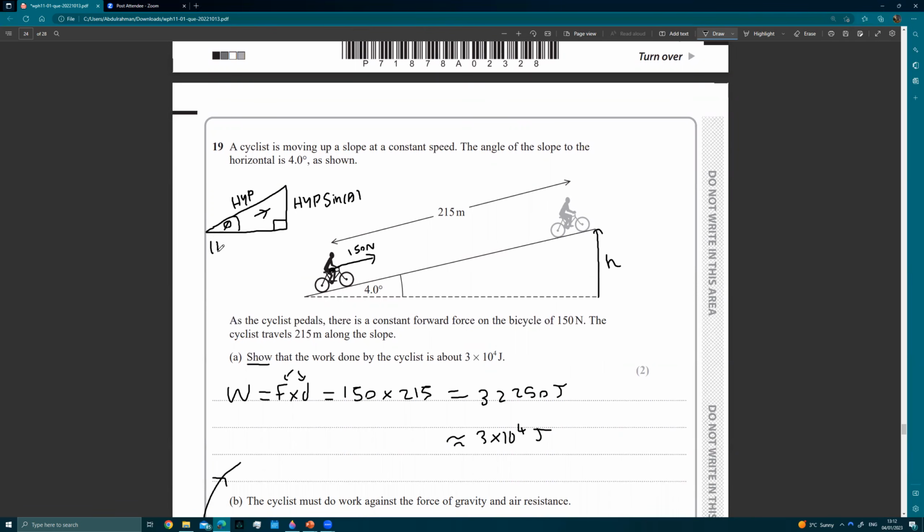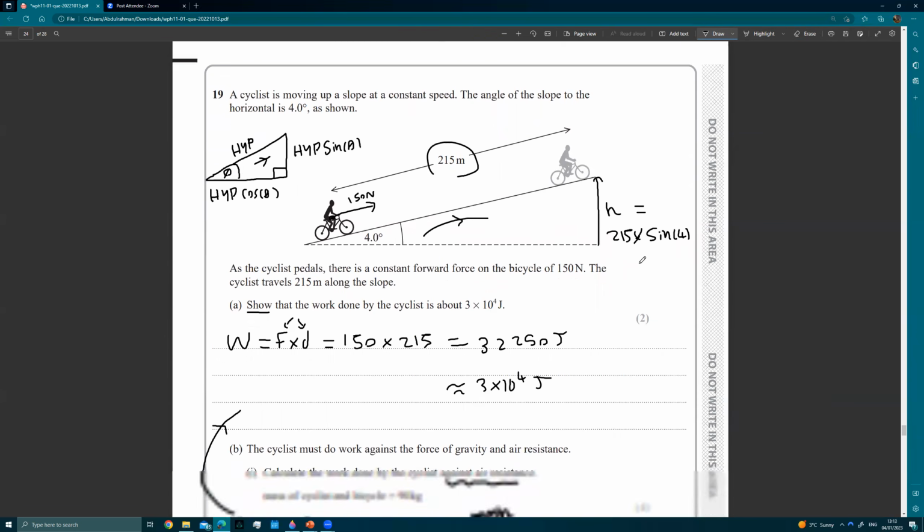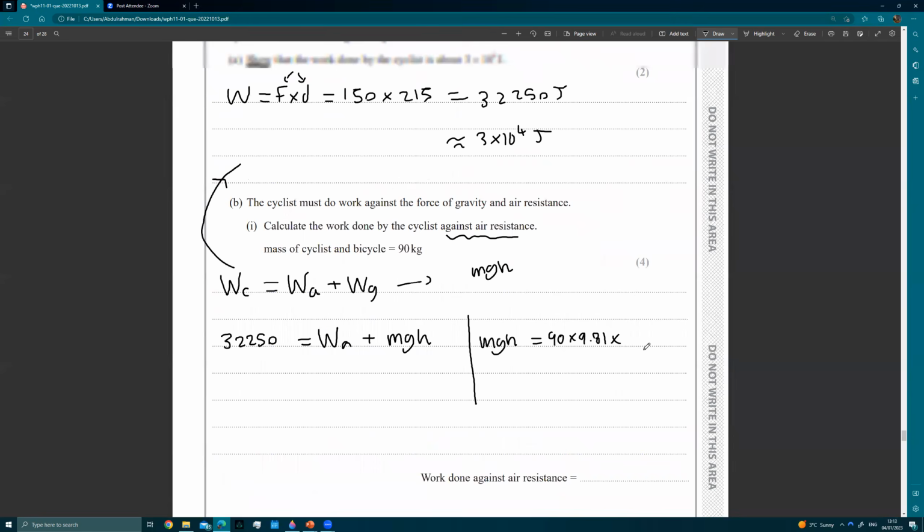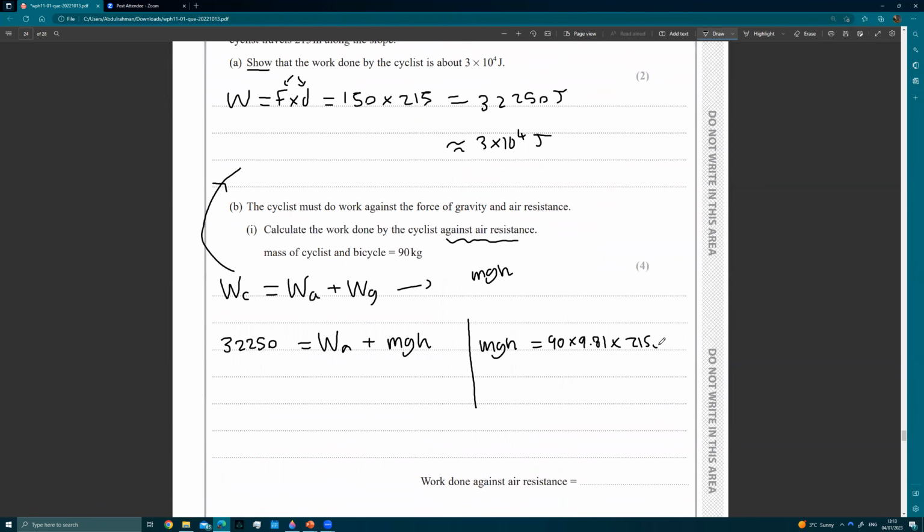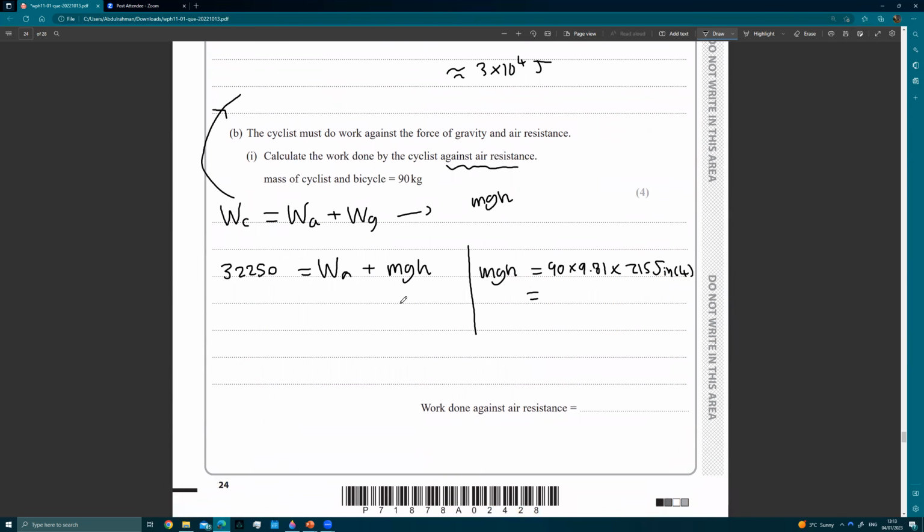And the remaining side is the hypotenuse multiplied by cosine the angle. So the side opposite the angle is the hypotenuse, which is 215, times sine the angle, which is sine 4. So the height is equal to 215 sine 4. This is going to give me some answer.